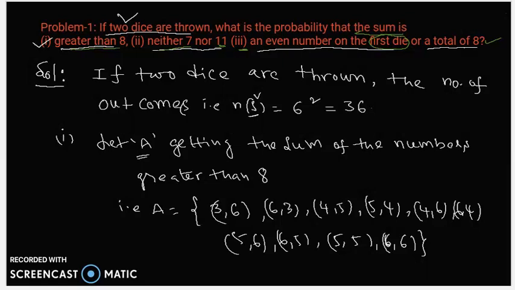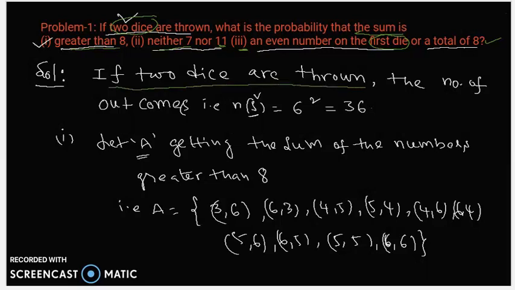Simply it is the sample space of this experiment. Here the experiment is a dice experiment. So if two dice are thrown, the number of possibilities are, that is the first step of the solution.